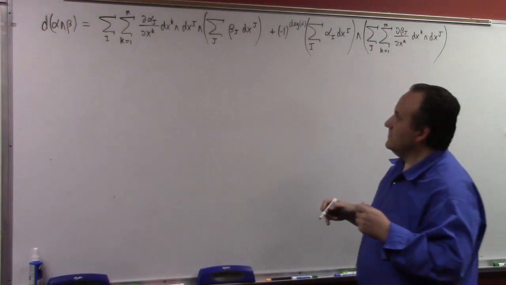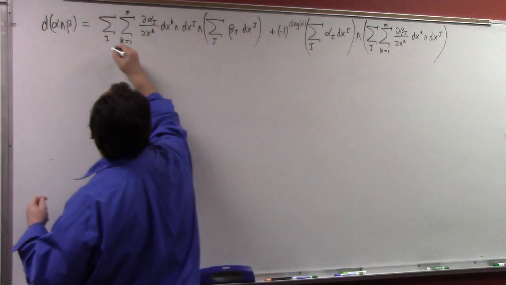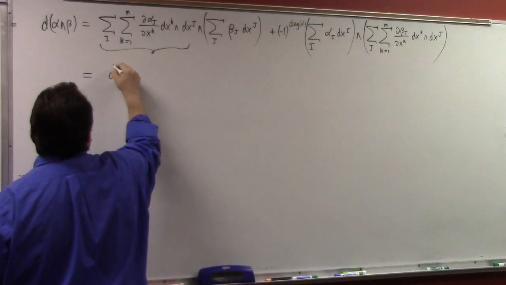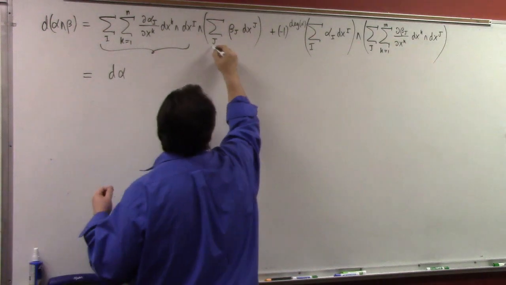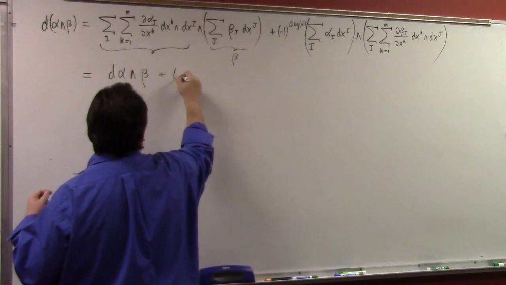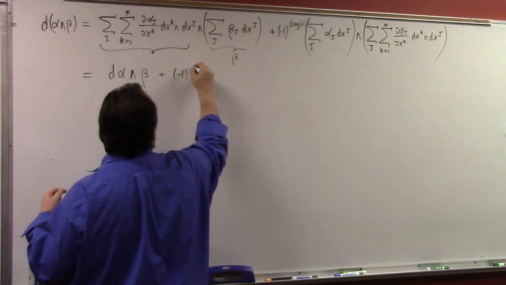But what is this? This all here is d alpha. This right here is beta. So you've got d alpha wedge beta plus minus 1 to the degree of alpha.